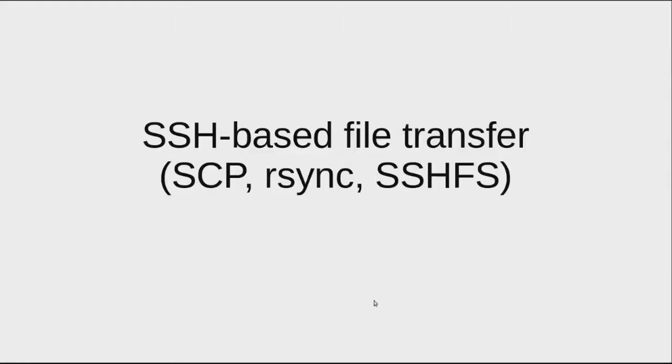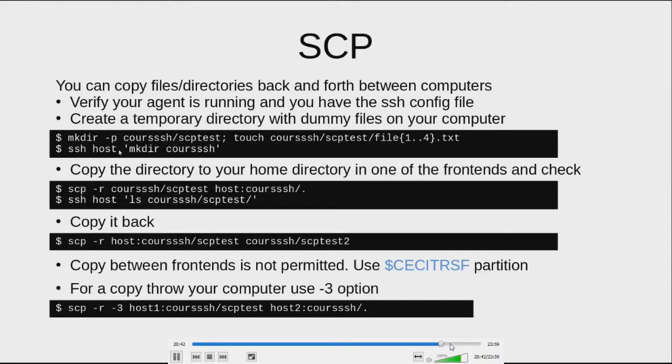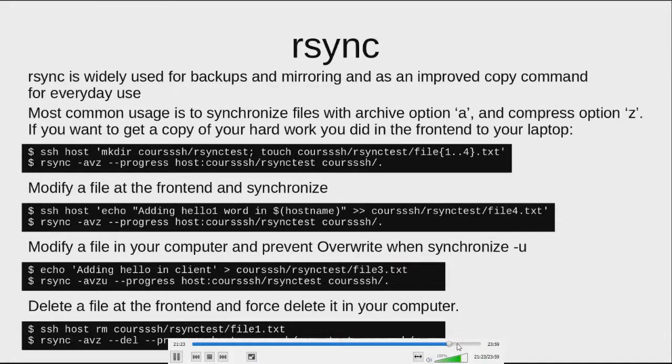To end this presentation, I will give you an overview of 3 programs using the SSH protocol that you can use in your configuration file, and mirroring, and as an improvement of the copy command, the -u option.